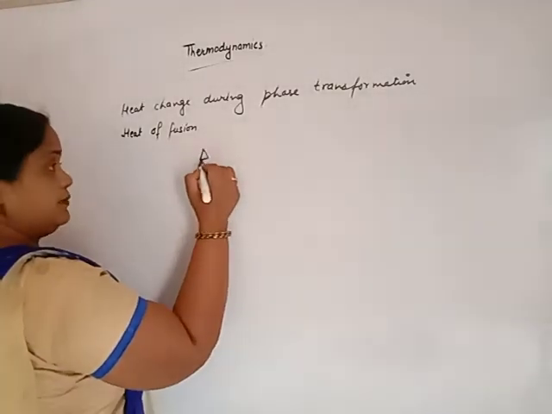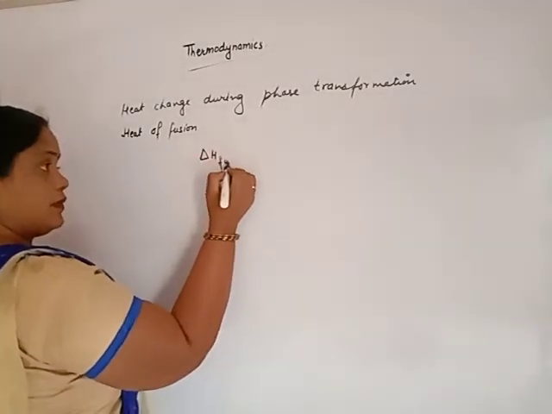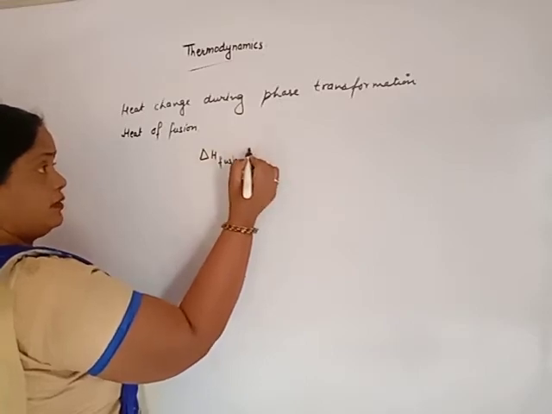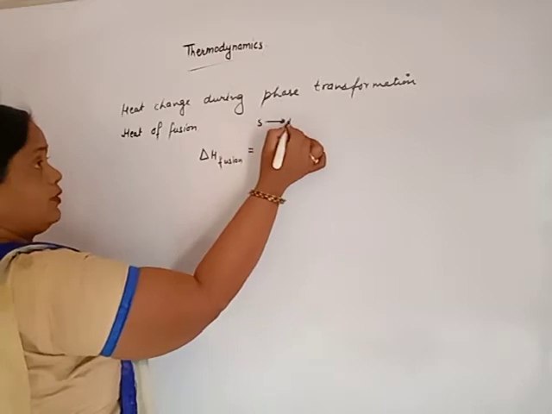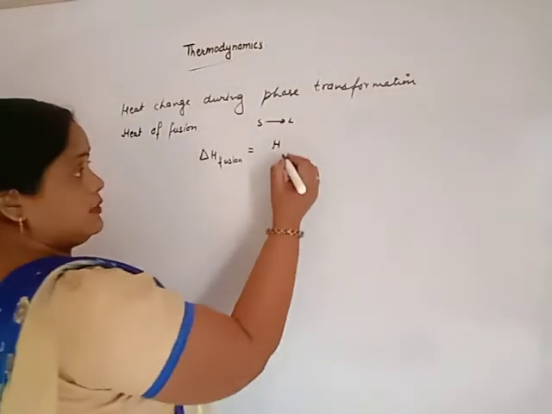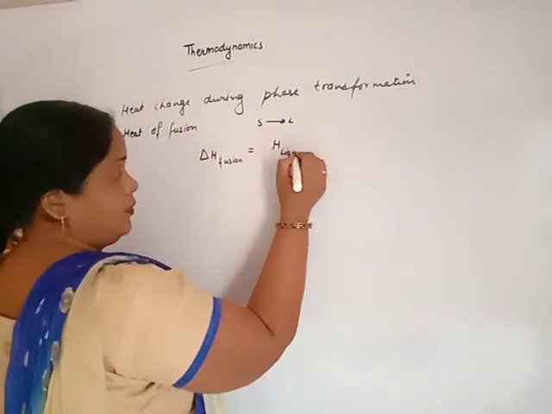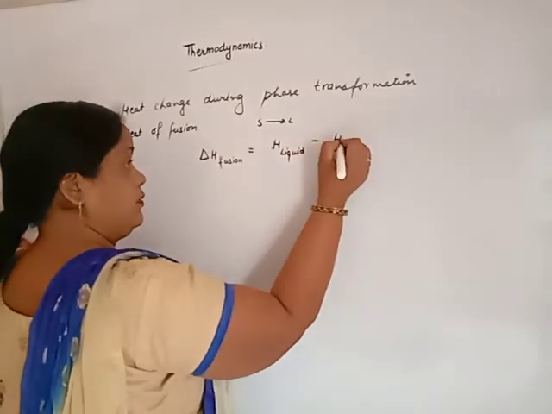Beta, heat of fusion will be calculated as: solid changes into liquid on melting, that means enthalpy of liquid minus enthalpy of solid.